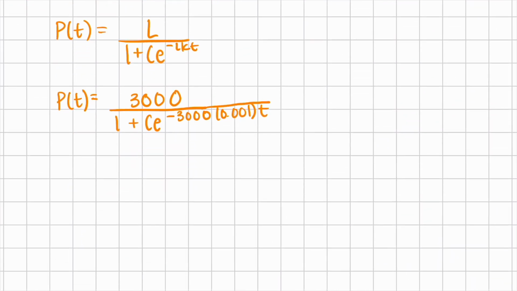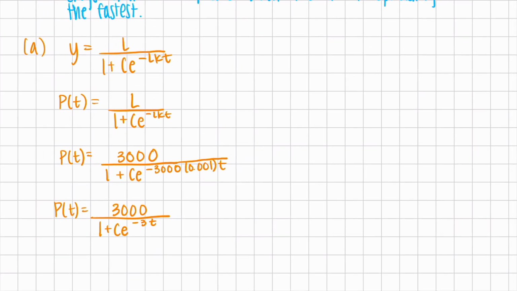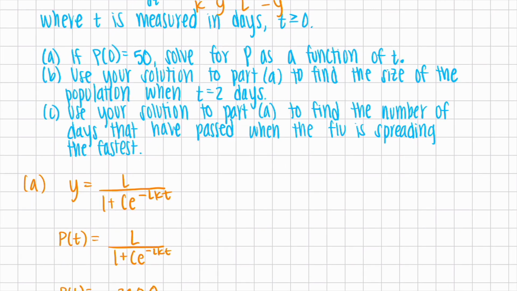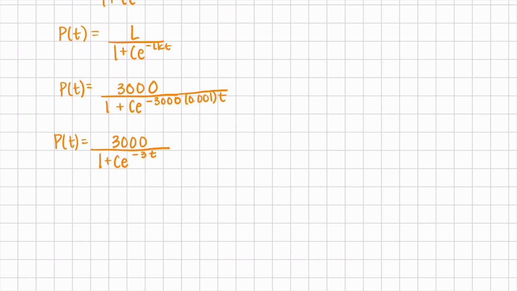Okay, let's make this a little bit simpler. Negative 3,000 times 0.001 is going to be negative 3. Now that we have that, we still don't have C. So we're going to use P of 0 equals 50. I'm going to say 50 equals, and plug 0 in for t, so this is 1 plus C e to the 0.